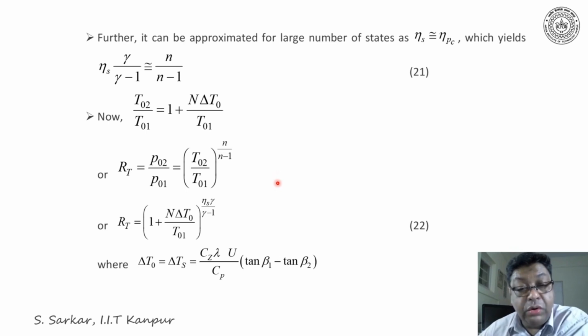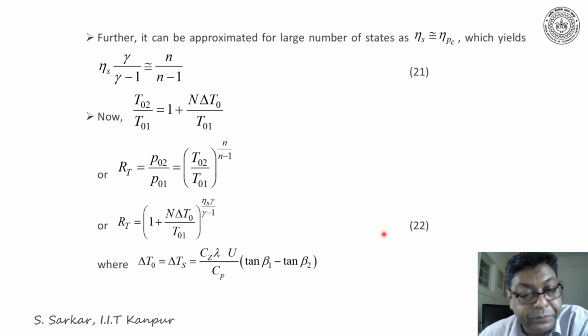Now I have already told N can be related with eta S and gamma, as I have considered eta S approximately equal to eta Pc. Thus I can write RT, that is overall pressure ratio, would be equal to, within the bracket, 1 plus n into delta 0 divided by T01, to the power eta S into gamma divided by gamma minus 1.